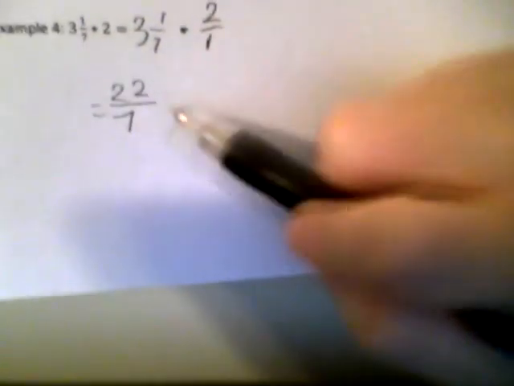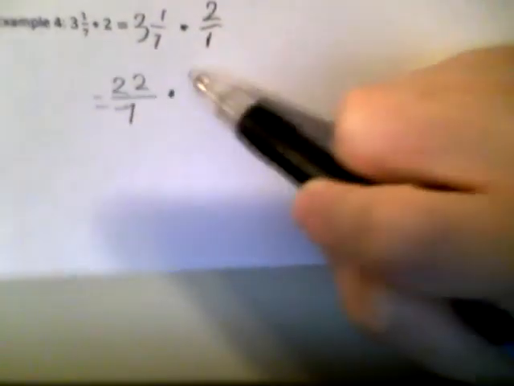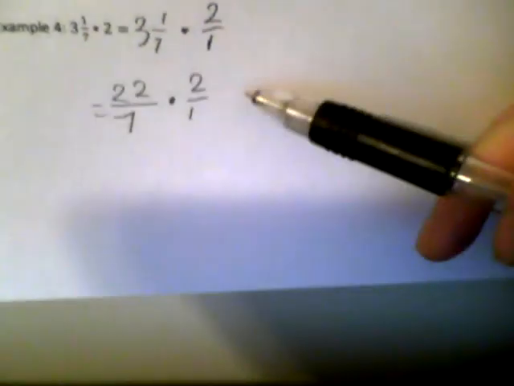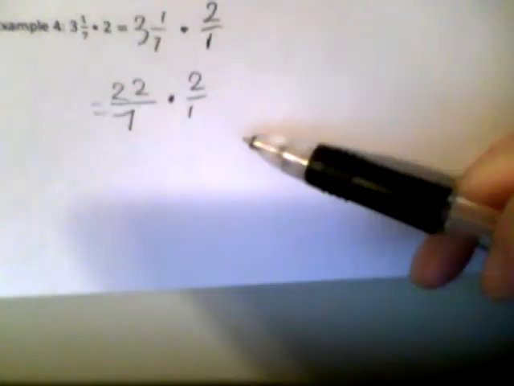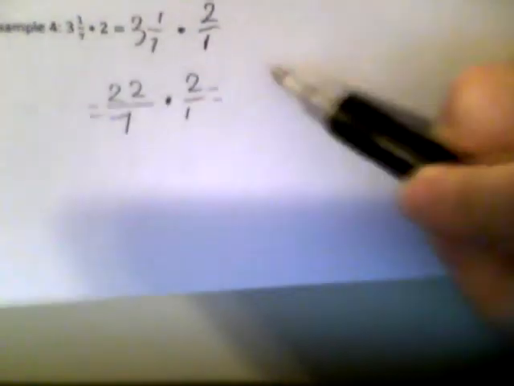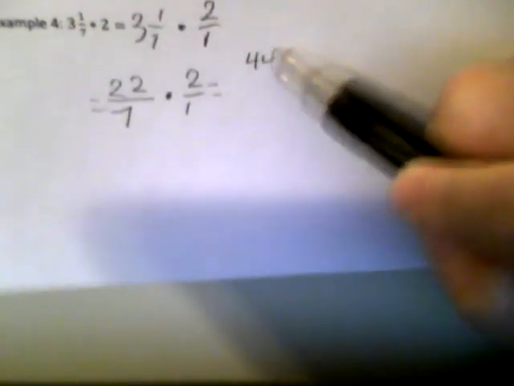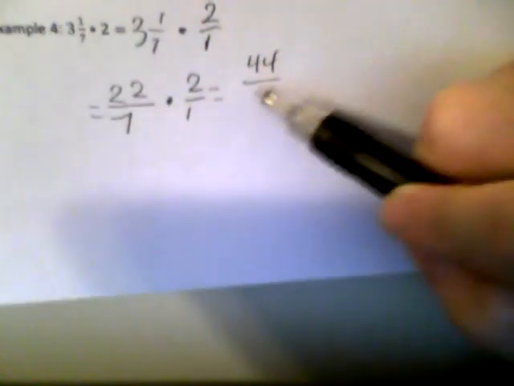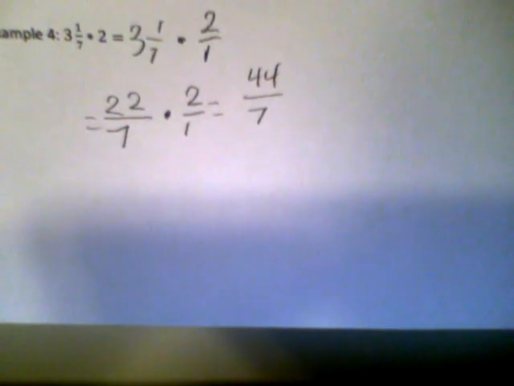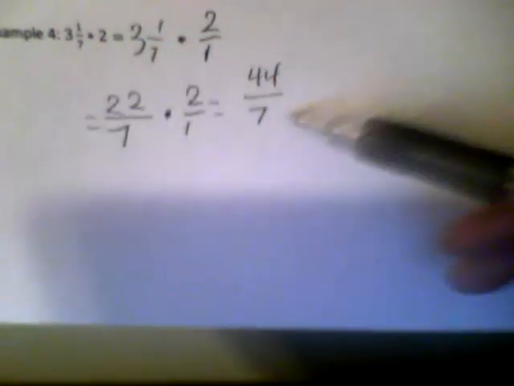So I have 22 over 7 times 2 over 1. Okay. Now, in order to multiply, just multiply the numerators, and then I also multiply the denominators. 22 times 2 is 44, and then 7 times 1 is just 7. Okay, so my final answer is 44 over 7.